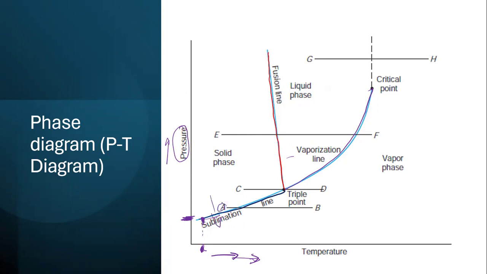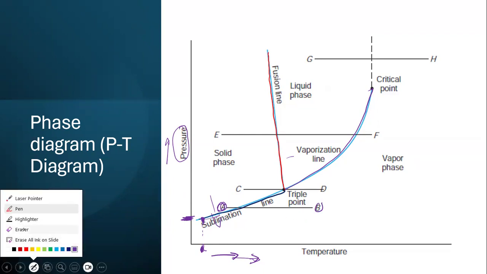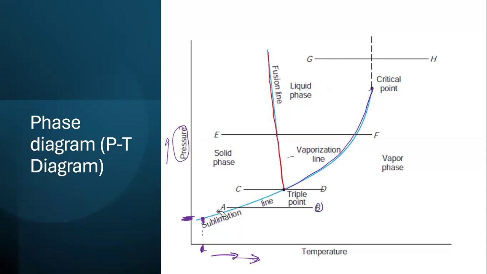So that means your substance from A to B will turn from where? From solid to gas, or to vapor, right? So this line over here, which is line AB, shows us that at A we have a solid.